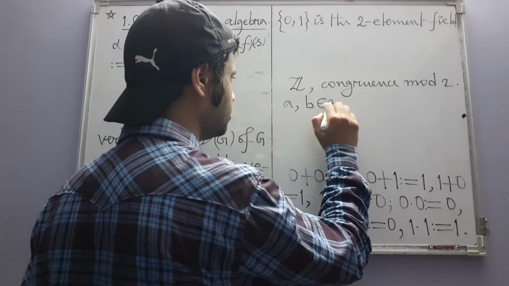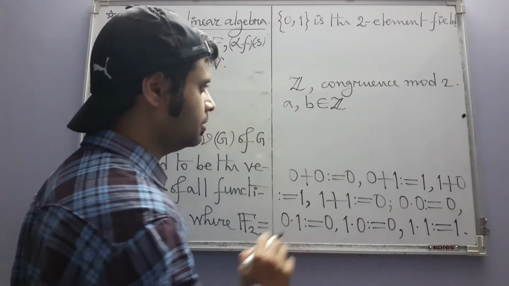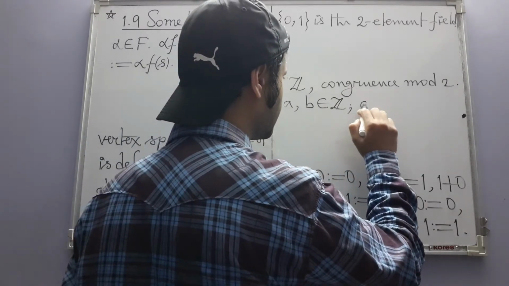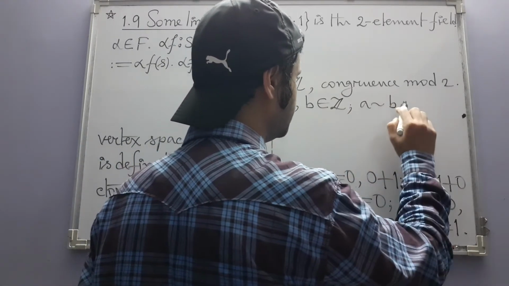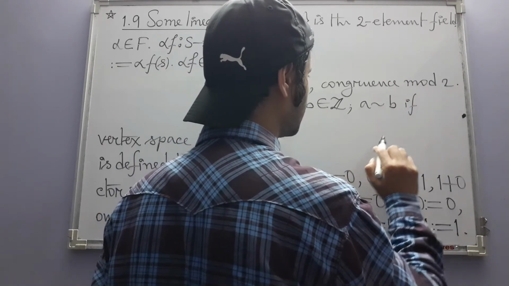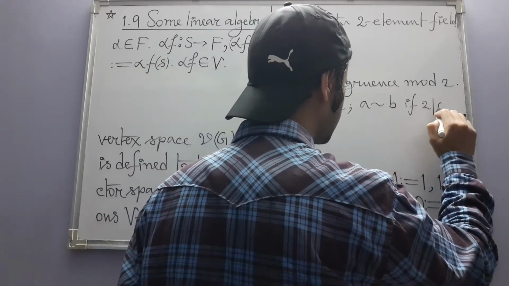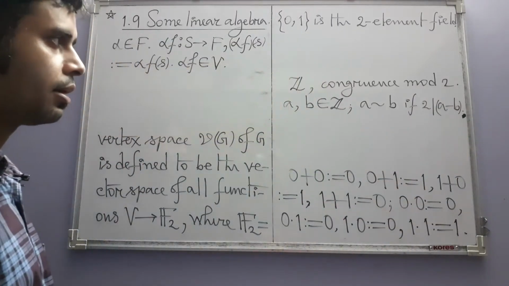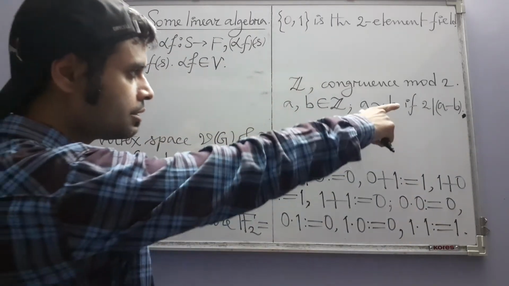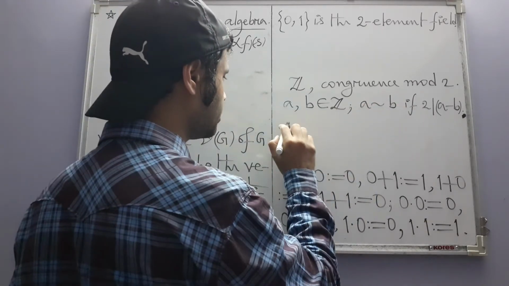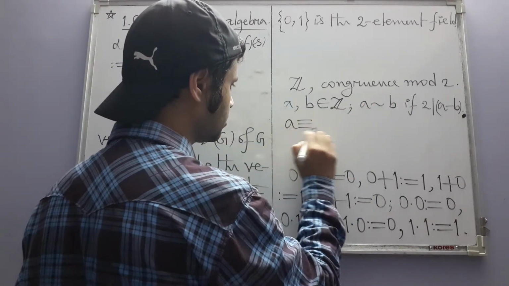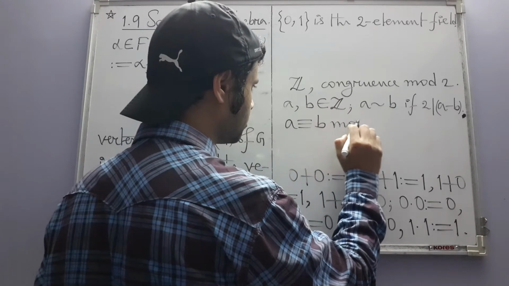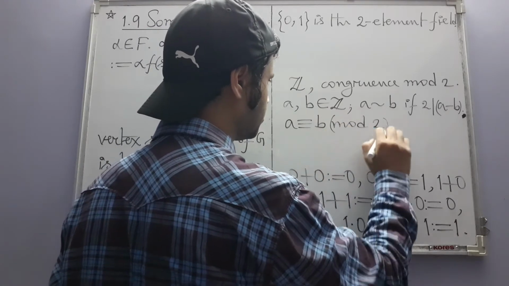Say you have any two integers a and b. We say that a is related to b if 2 divides the integer a minus b. In the language of congruence, this divisibility relation is written as a congruent to b modulo 2.